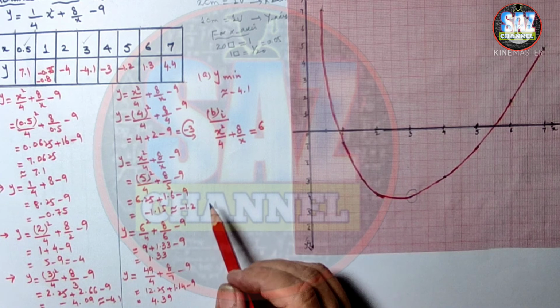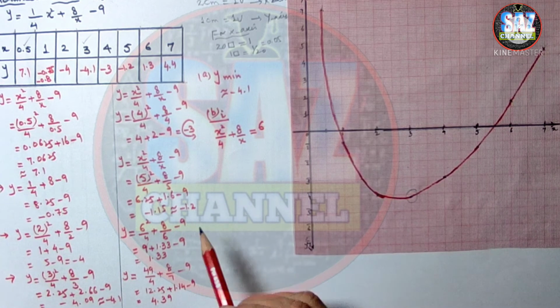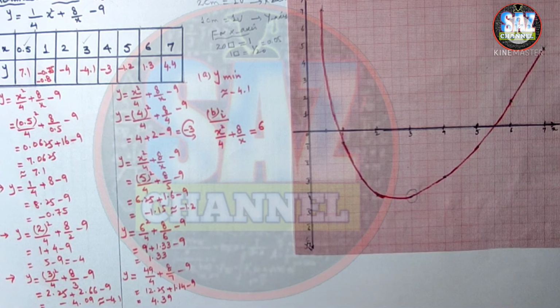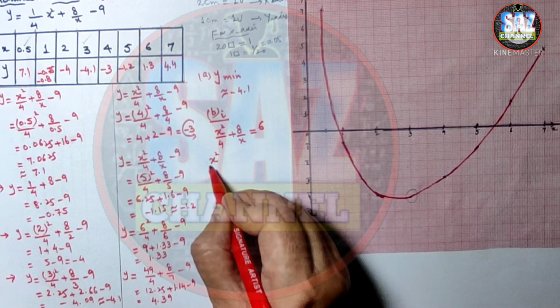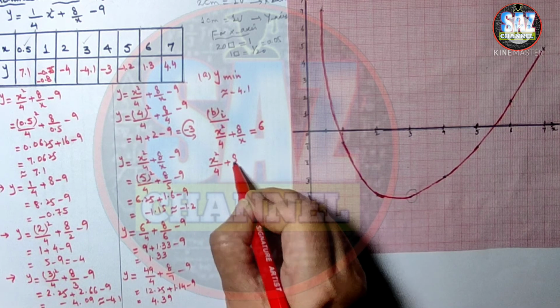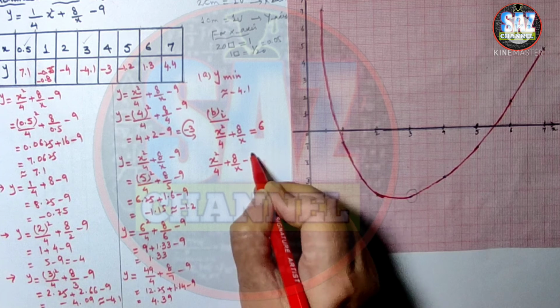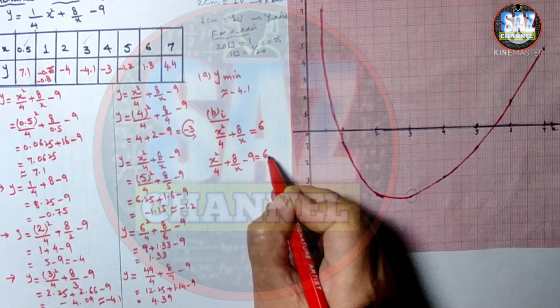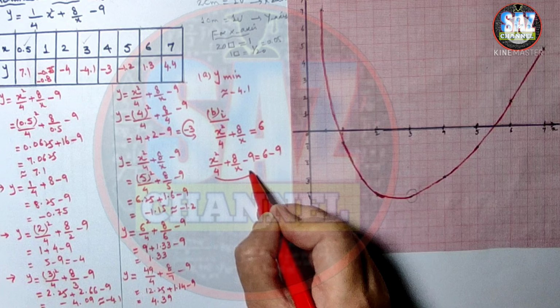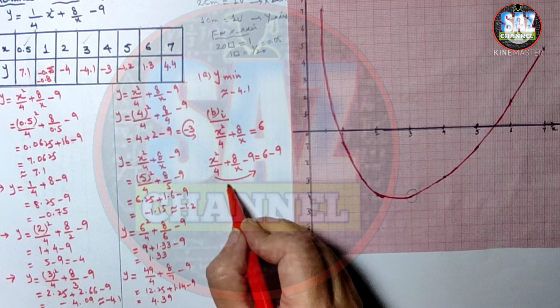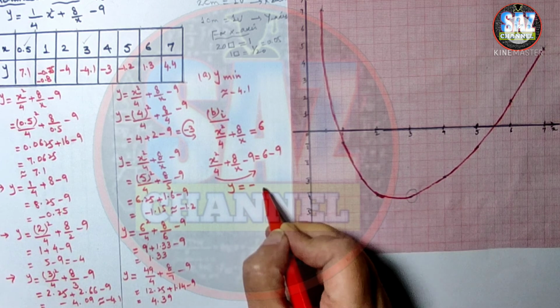So in order to get the suitable curve, I will be subtracting 9 on both sides, or adding minus 9: x square by 4 plus 8 by x minus 9 equals 6 minus 9.